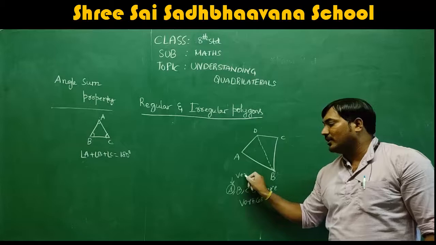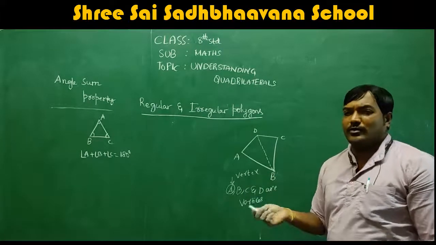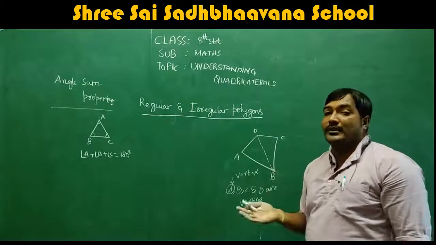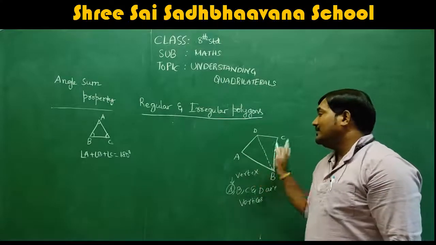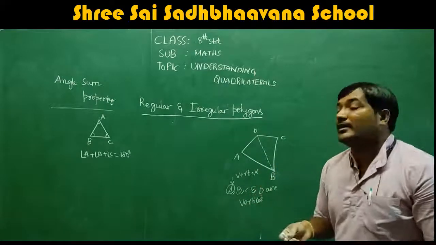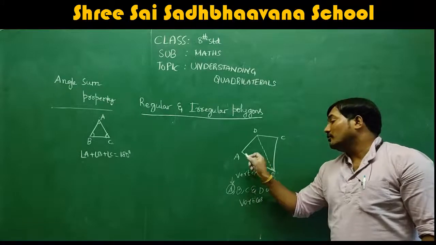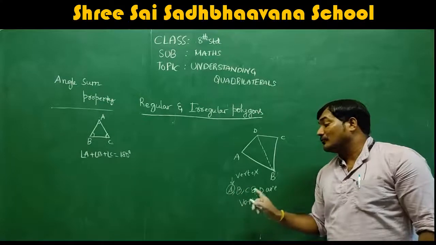Remember, vertex is the singular and vertices is the plural. If you want to call A alone, we say vertex A. If I am telling all A, B, C, D at a time, we call them vertices. So vertex is singular, vertices is plural. ABCD is a quadrilateral, and A, B, C, D are vertices.